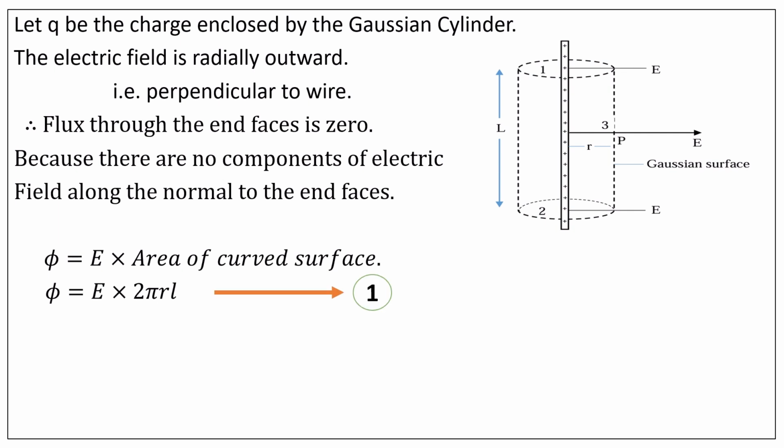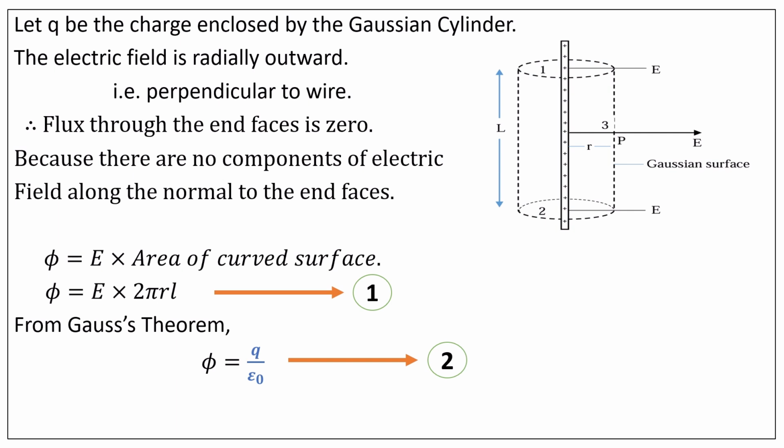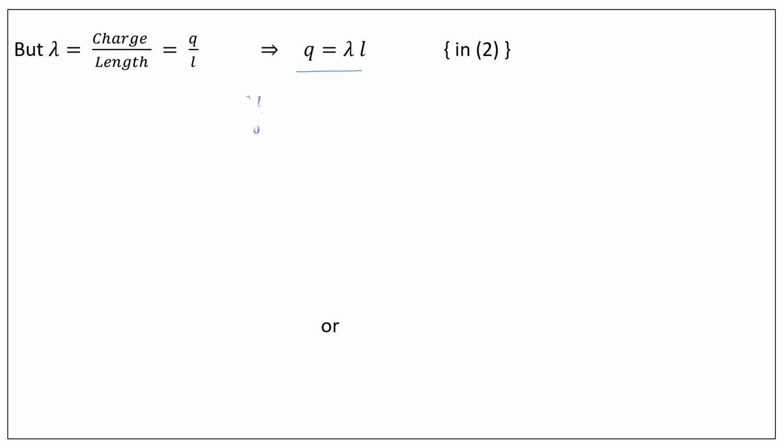Mark as equation 1. From Gauss's theorem, phi is equal to Q by epsilon naught. Mark as equation 2. But lambda is equal to charge by length, that is equal to Q by L. On equating, Q is equal to lambda L. Substitute in equation 2.